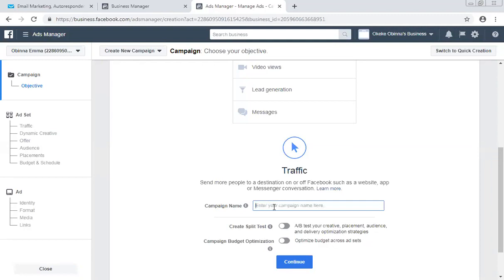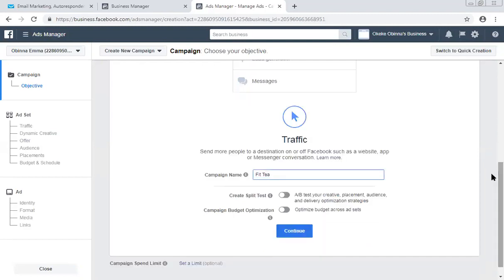All right. So we're still at the campaign name. Remember, I chose traffic as my objective. So let me assume I'm selling a product in the weight loss niche. Let's just call the product Fit Tea or Fitness Tea. So I give it as my campaign name and I click on continue.